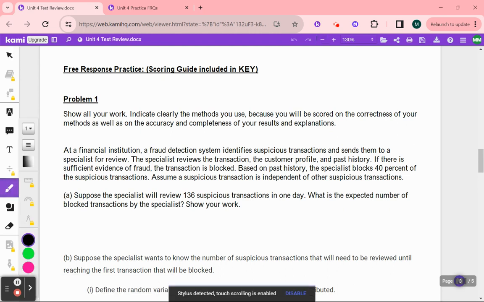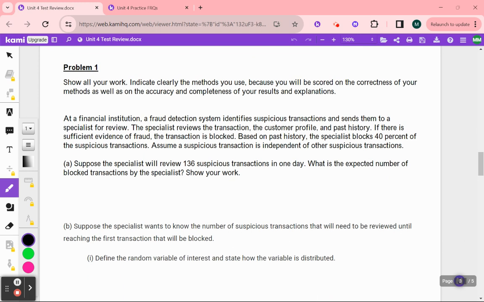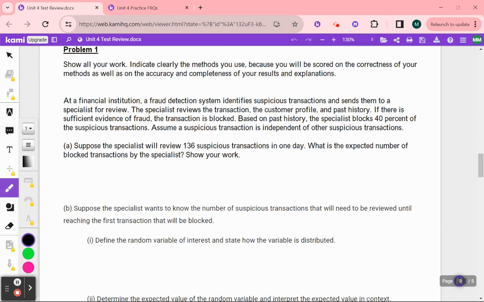Problem number 1. Show all of your work. Indicate clearly the methods you use because you will be scored on the correctness of your methods as well as the accuracy and completeness of your results and explanations. This problem says that at a financial institution, a fraud detection system identifies suspicious transactions and sends them to a specialist for review.